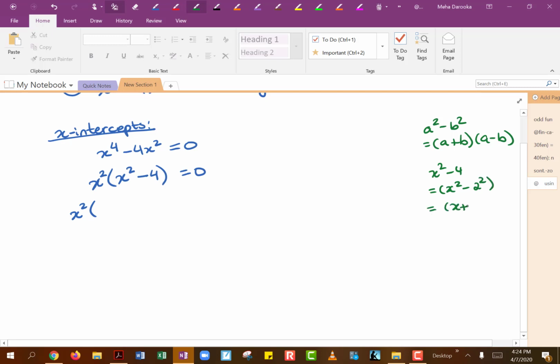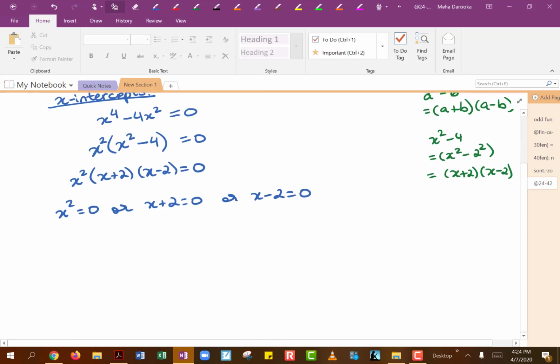So that'll factor into x plus 2, x minus 2. So x plus 2, x minus 2. And then each one of these factors will give us an x-intercept. So take each factor, set it equal to 0.